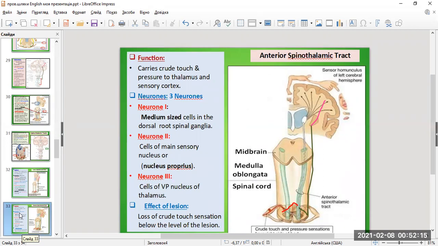Neuron number 3 are cells of a nucleus of the thalamus. Effect of lesion: loss of crude touch sensation below the level of the lesion.